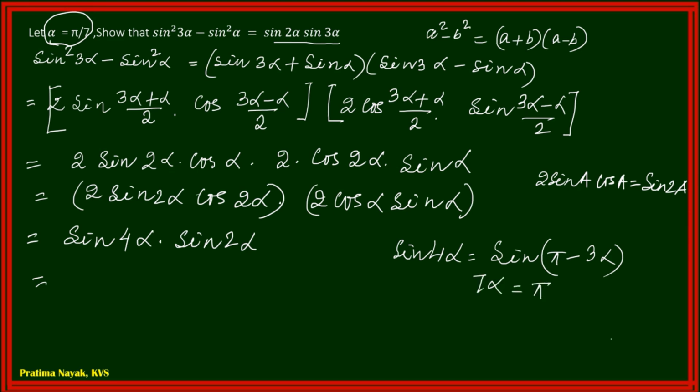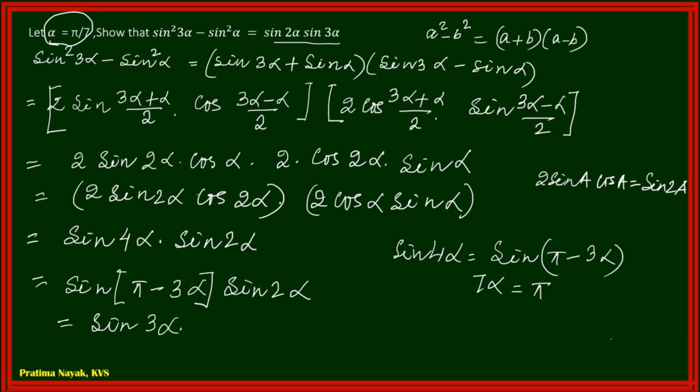So when alpha is pi by 7, sine 4 times alpha can be written as sine of pi minus 3 alpha, multiplied by sine twice alpha. Sine pi minus theta is the same as sine theta. So sine 3 times alpha into sine 2 times alpha.